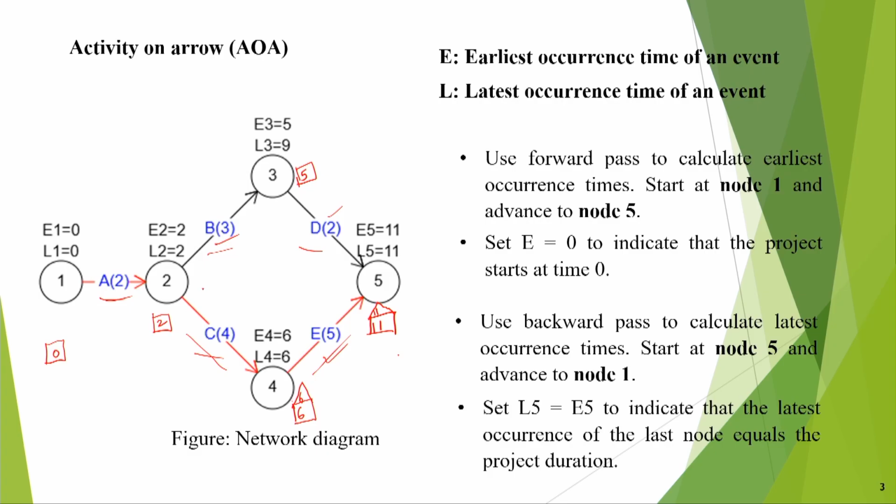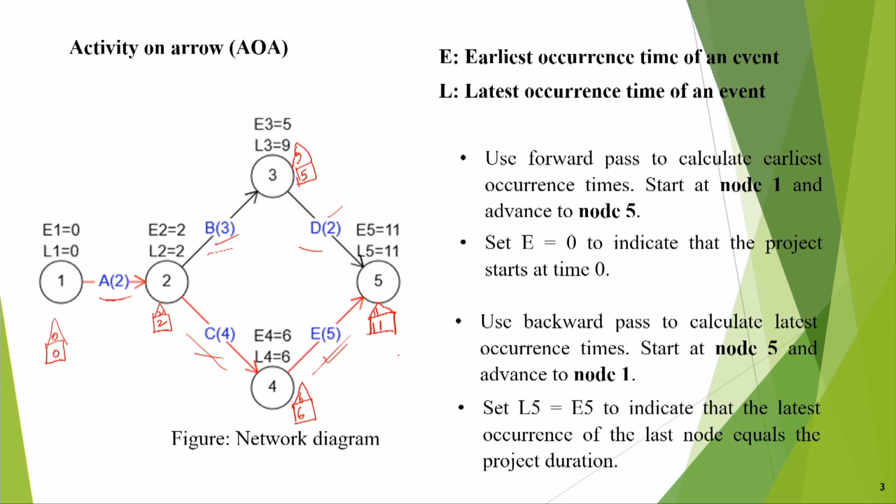And then here, 6 minus 4, that means 2. Okay, this is 2, and 2 minus 2 is 0. Okay, so we got 0 here. Now for the other path, this is 11, but this activity takes only 2 days. So 11 minus 2 is basically 9.